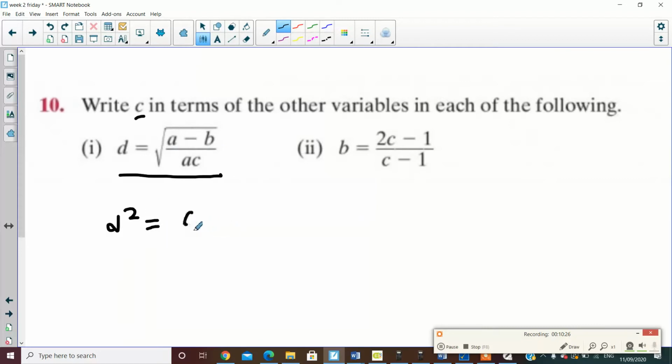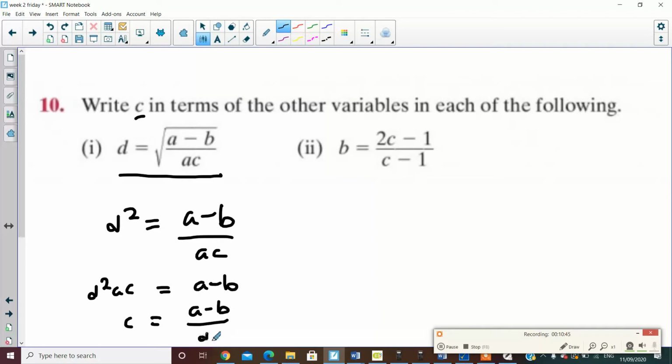D squared equals A minus B all over AC. All right, this one's really easy. D squared AC equals A minus B. Bring down the C underneath, it's A minus B over D squared A. You're done.